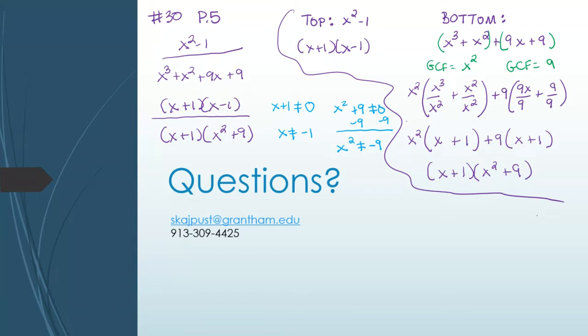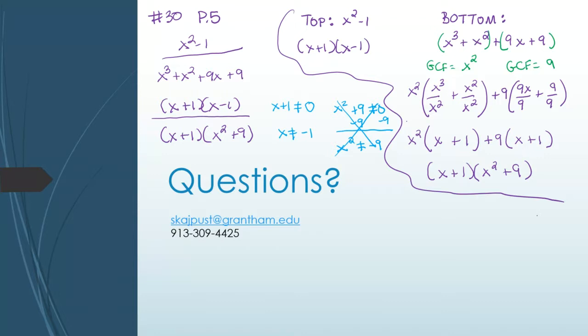It's not really considered a restriction, because it doesn't tell you any values of x that can't happen. So you have to think about, what does this mean? What values of x will make this 0? And for that particular factor, nothing makes it 0, because you're always going to get something that's positive.